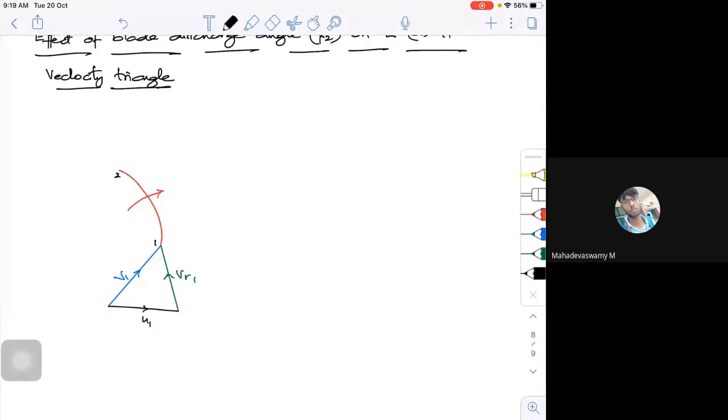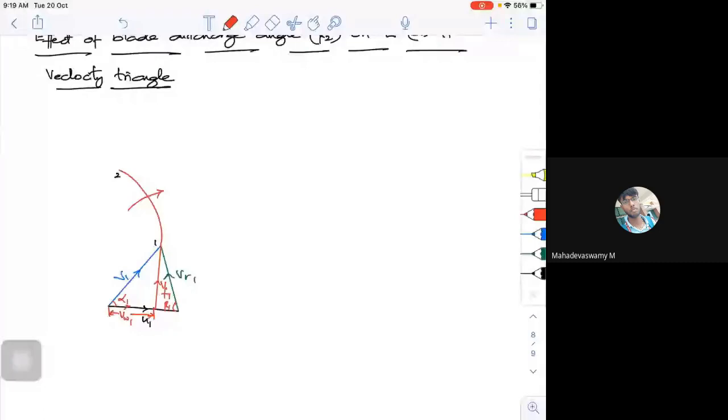I will draw the VF1 and VW1. This is perpendicular to it. This is my VF1 and this will be my VW1, in this direction. This will be my alpha 1, this will be my beta 1. I am able to draw the inlet velocity triangle.